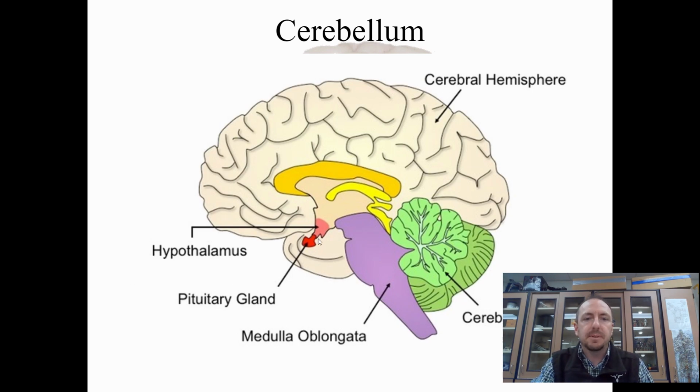That's going to come out of that pituitary gland just off of that hypothalamus. So that's the diencephalon with the thalamus, the hypothalamus, and the pituitary gland.